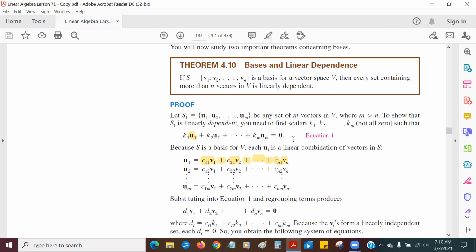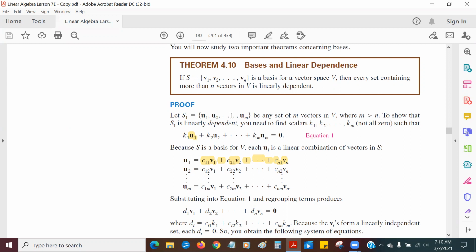Now, we know that S, the original S, is the basis for the vector space. So that means every one of these vectors in S1, U1, U2, and so on, can be expressed as a linear combination of the original S basis vectors. By the way, we're not making any claim about S1 that it's a basis.